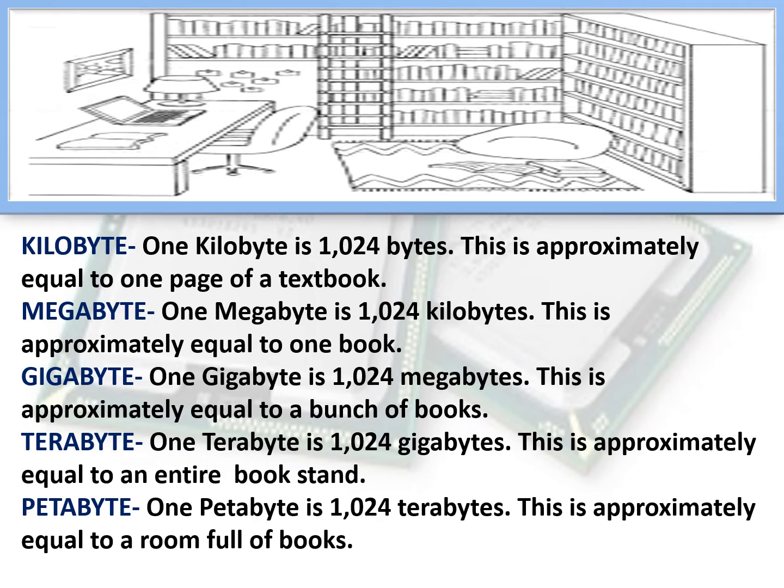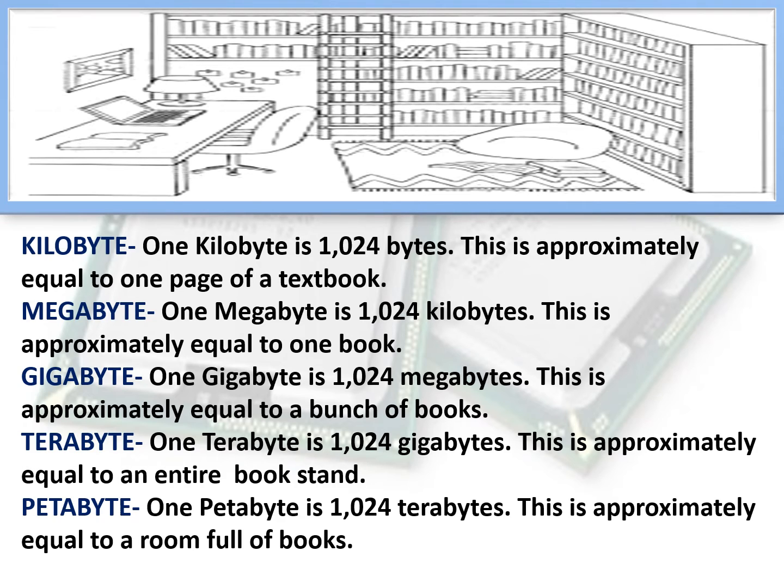What is a megabyte? 1 megabyte is equal to 1024 kilobytes, and this is approximately equal to one book. Gigabyte. A gigabyte is 1024 megabytes, and this is approximately equal to a bunch of books. Suppose we are keeping many books, it will be equal to a bunch of books.